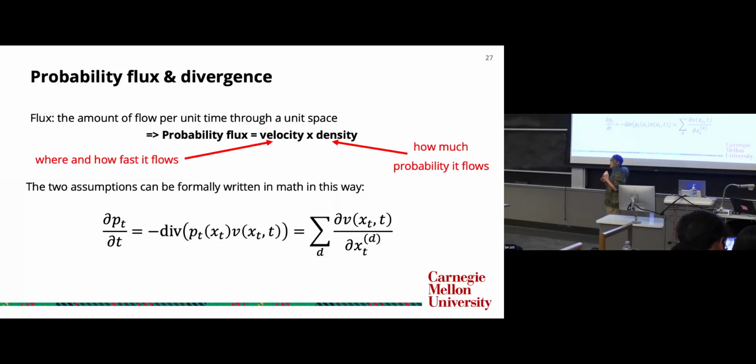Flux is a weird word for me. Would it be weird to think of it as viscosity, like the amount of flow per unit of time, and you're accounting for density? I mean, it changes depending on the space, right? And viscosity is uniform. Sure, but viscosity with the thing moving over time. Viscosity is a global field. No, flux is actually also a physics term, and it means the amount of things that flow out.